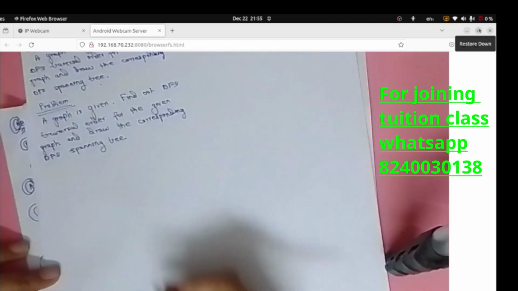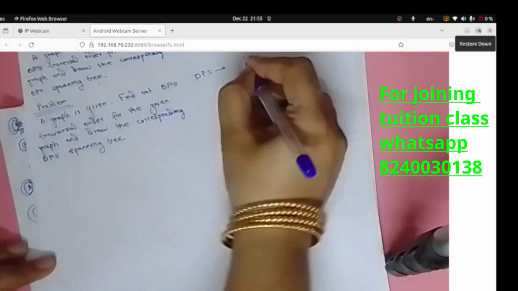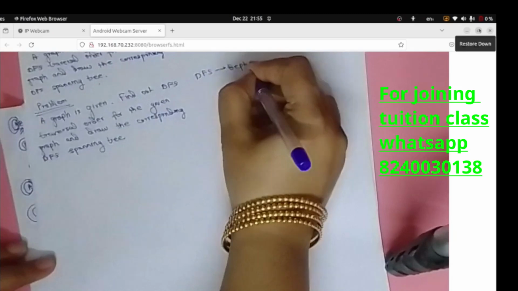So, what is the full form of DFS? The full form of DFS is depth first search.